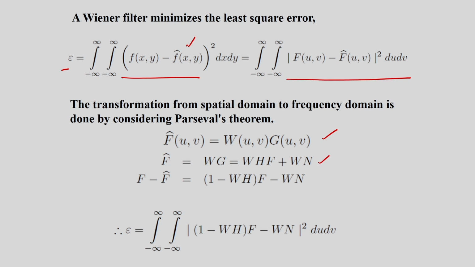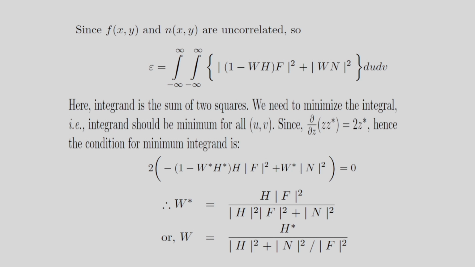And after this, F minus F approximate, you will be getting this one. And if you put this value in the previous equation, then you can determine the least square error. And since f(x,y) and n(x,y) are uncorrelated, the input image and the noise are uncorrelated, this error can be represented like this.